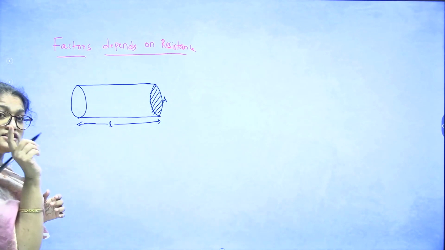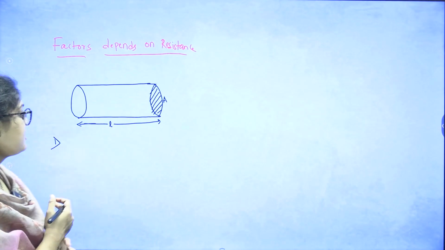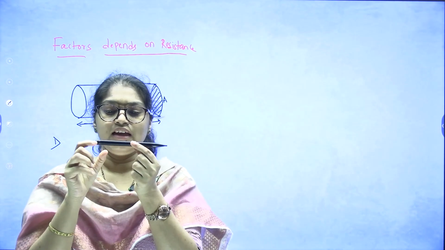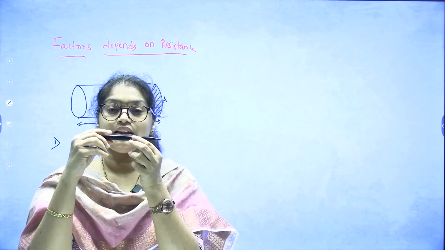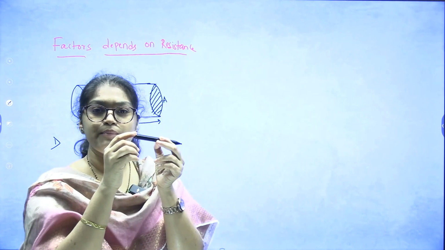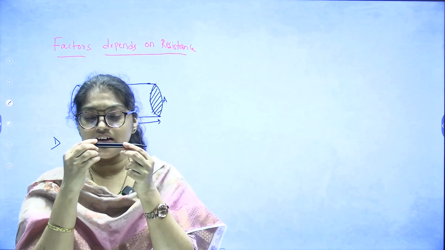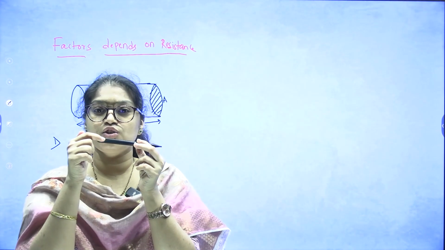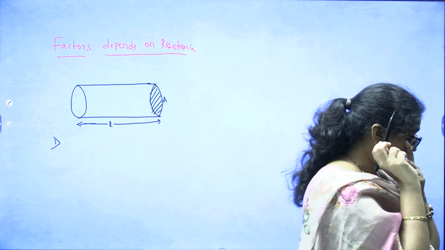I'll explain this in two cases. For the first case, think in a general way. Now I have taken a conductor. If I take a thick conductor, then the area will also be more. If the thickness of a conductor is more, then the area of the cross section also will be more.